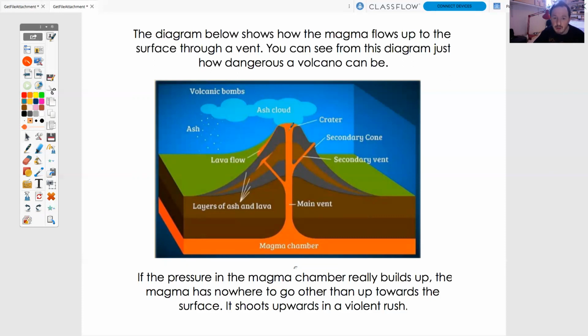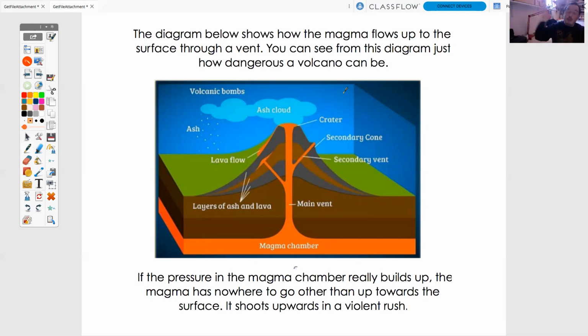And we get the lava flow coming down, up into the sky and down the sides of the volcano, a huge cloud of ash and dust, and some of the dried, cooled lava that might have been blocking the path gets shot upwards as well. Some of the hot magma will shoot into the sky in thick, viscous clumps, and then it cools down and solidifies in the air and then drops down as something called volcanic bombs.